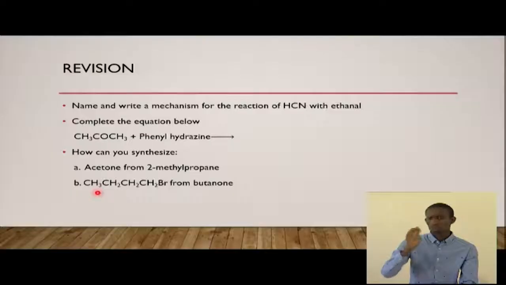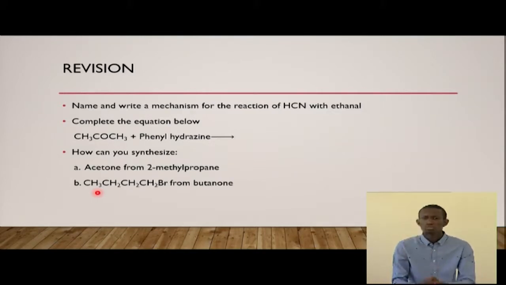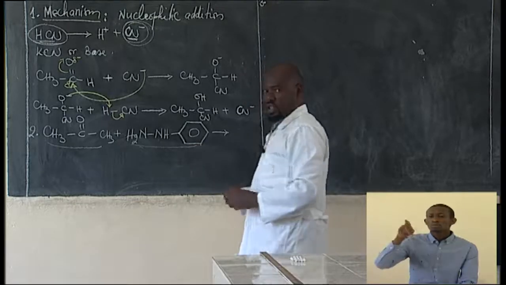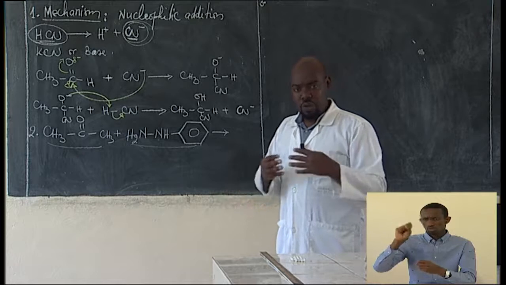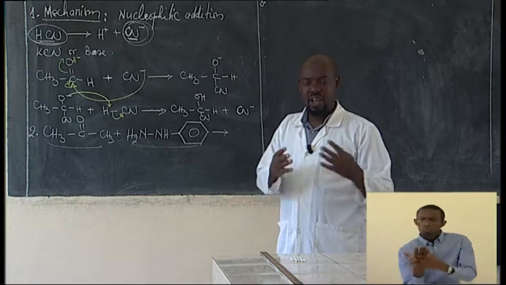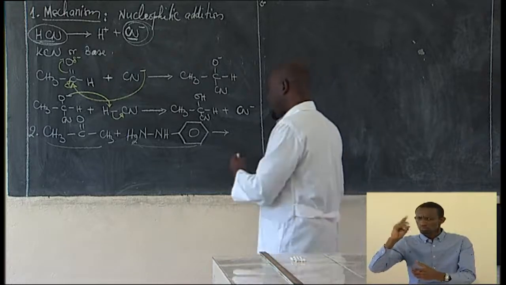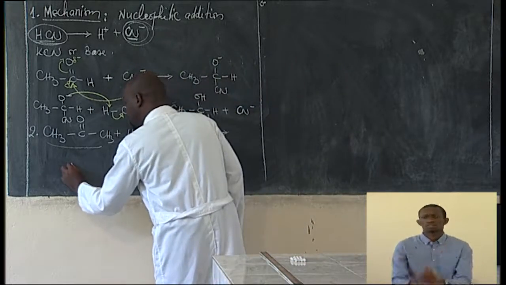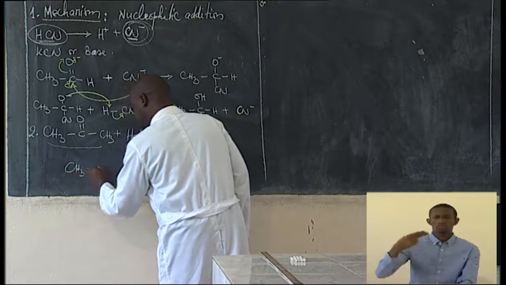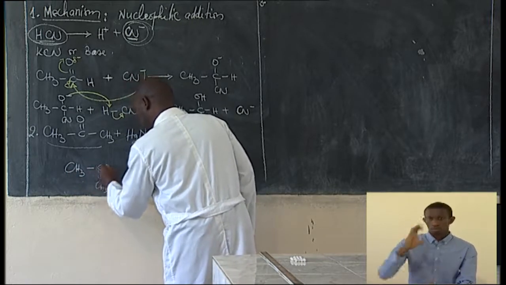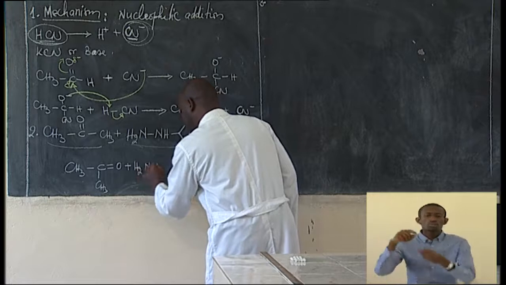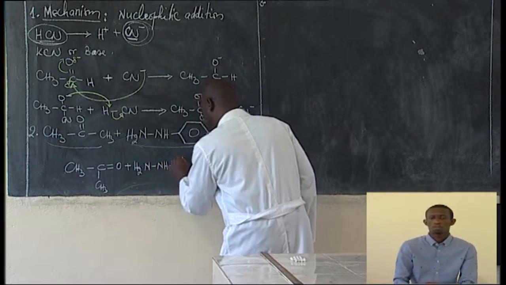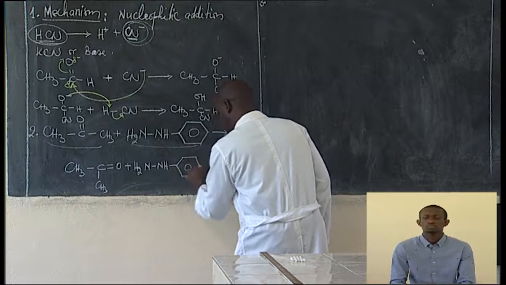Question number 2, we have been asked to complete that equation. Propanone reacting with phenylhydrazine, it is a condensation reaction. Do you remember what we produce? We produce one product of the combination and another product of the elimination, and the other product is water. So we have CH3COCH3 plus H2N-NH with our ring.